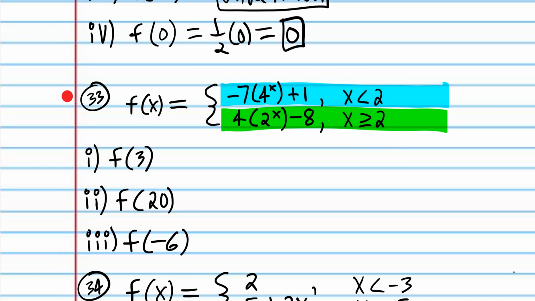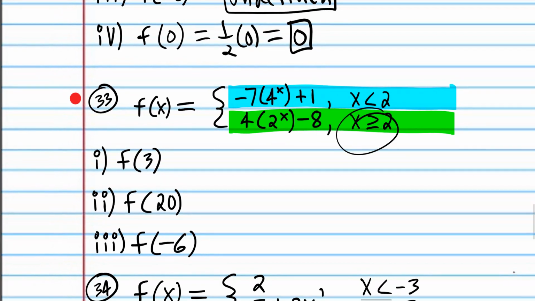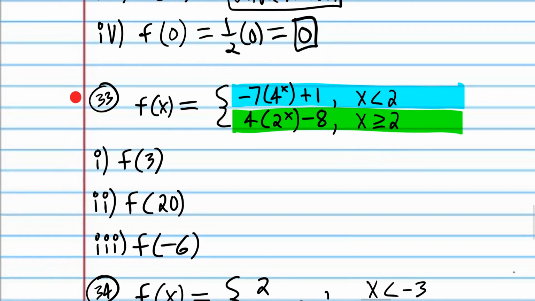So we need to ask, where's 3? Is 3 less than 2, or is it greater than or equal to 2? Well, obviously it's greater than or equal to 2, or it falls in this scenario. It's not equal to 2, but it falls in that scenario. So we use the green expression. 4 times 2 to the 3rd power minus 8.